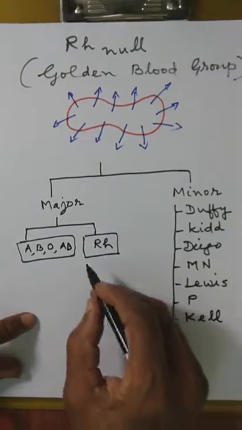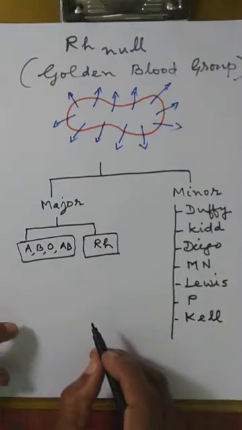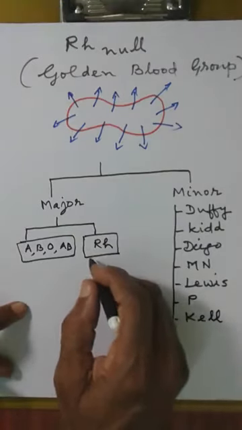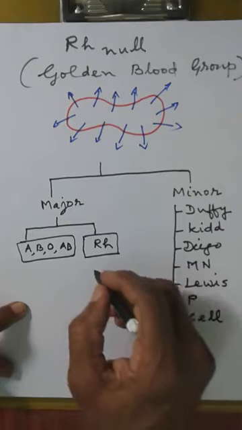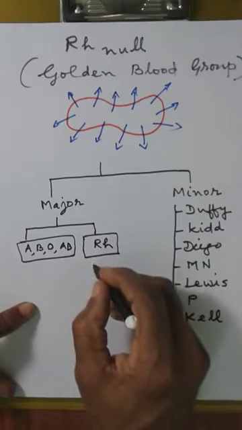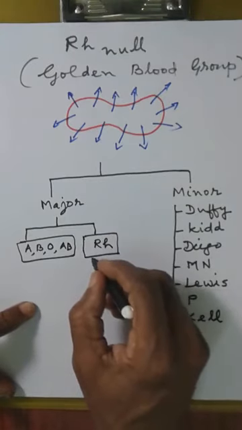Out of the major systems, there is RH. In the RH, there are around 60 to 61 different categories.